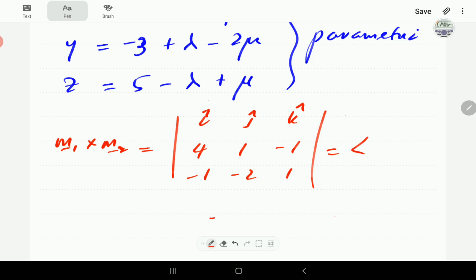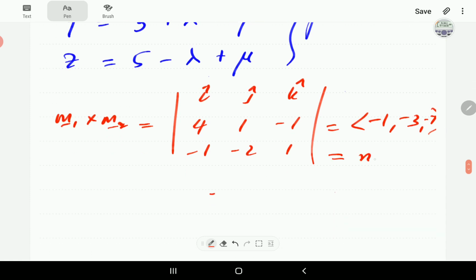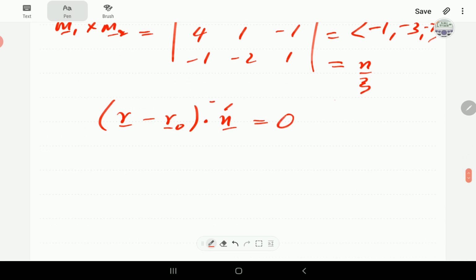If we work this out, it will give us minus 1, minus 3, minus 7. Okay, so that is going to be our normal vector. Now remember the scalar form of the equation says that r minus r naught, that vector, dot n, which we just found, is going to be 0.